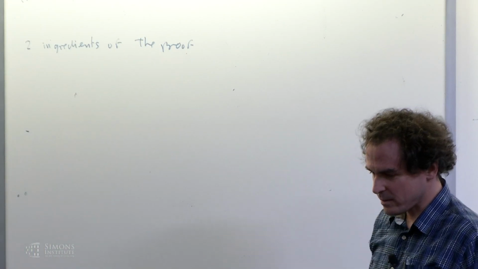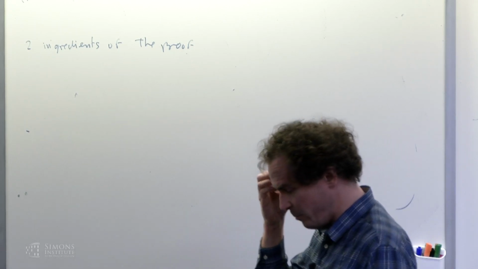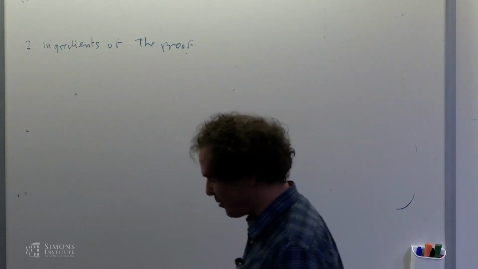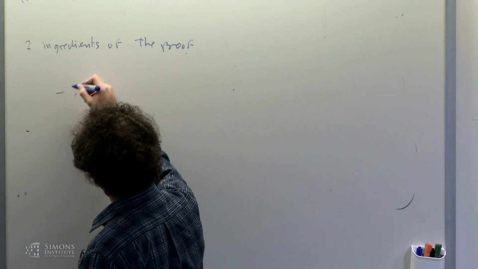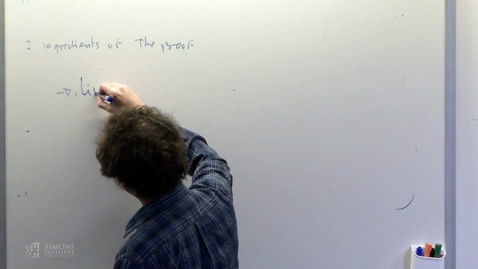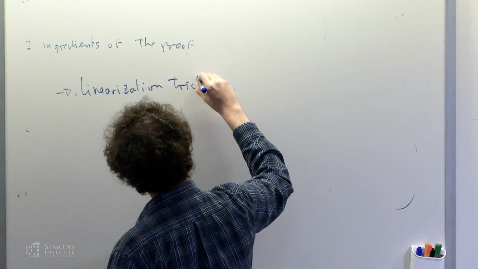One which I think is very well known by people in graph theory, and one which is very well known in operator algebra. So I will start with the one in operator algebra, which is called the linearization trick.